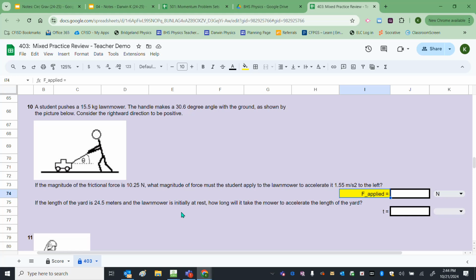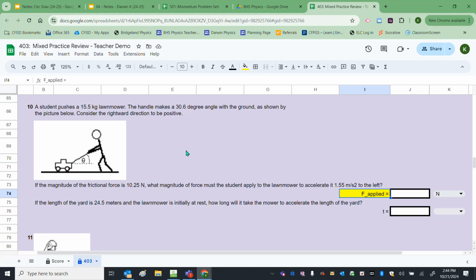So the question says, a student pushes a 15.5 kilogram lawnmower. The handle makes a 30.6 degree angle with the ground as shown by the picture below. Consider the rightward direction to be positive. So you've got some information here, but this one does involve an angle, and so you are going to have to find components.